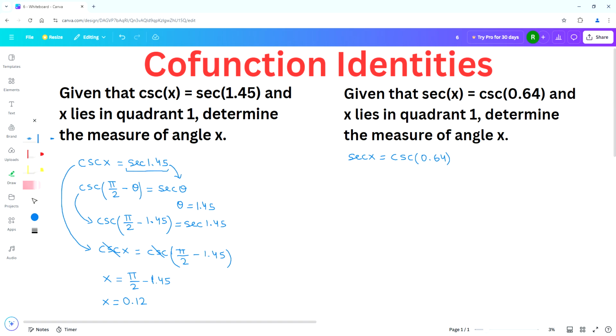So for this problem, we have to use the cofunction identity. In the given equation, we have the cosecant term, cosecant 0.64. So we can sub in theta as 0.64 in this trigonometry identity.